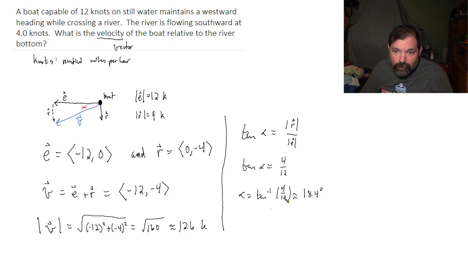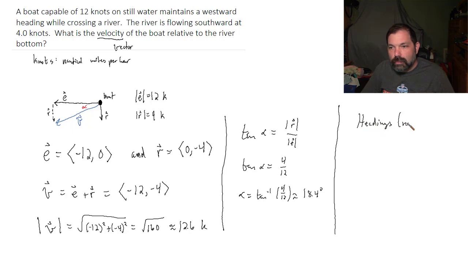Now, one thing that happens when we are talking in a river, when we're in navigation, we use a concept called headings. So this is often used in bodies of water, in the air.